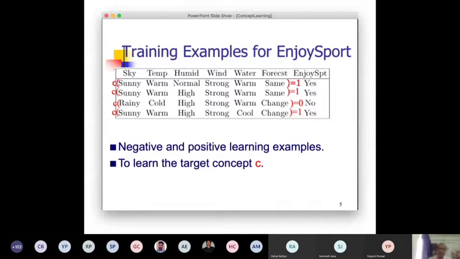One of the constraints could be that you would like to express them in a Boolean form, a Boolean expression. Suppose I say sky equal to sunny is a Boolean literal. It's not just sky, it is sky equal to sunny. It is temp equal to warm. It's a Boolean literal. It could be false or true.